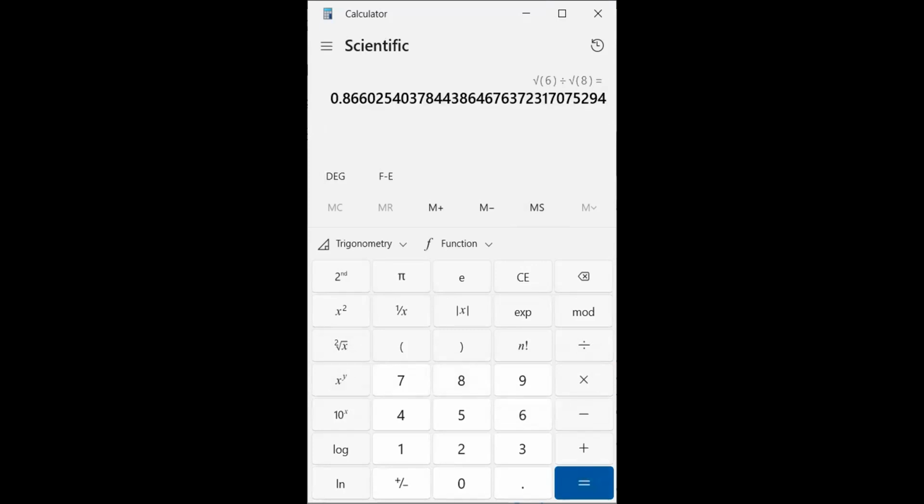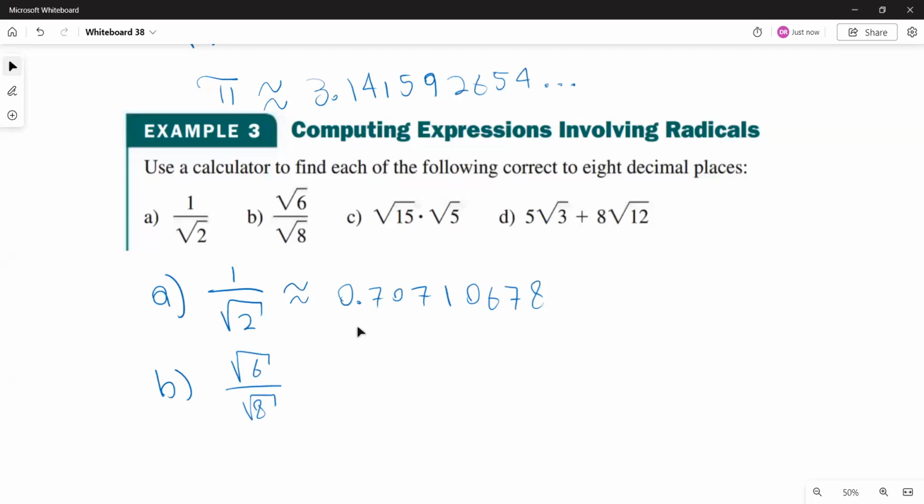So to 8 decimal places, let's write this down. That's approximately 0.86602540.